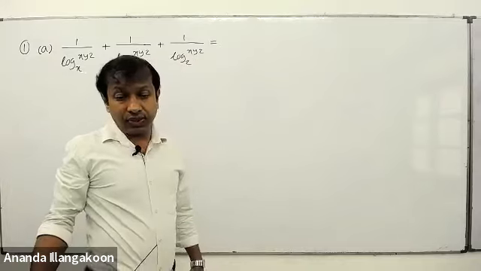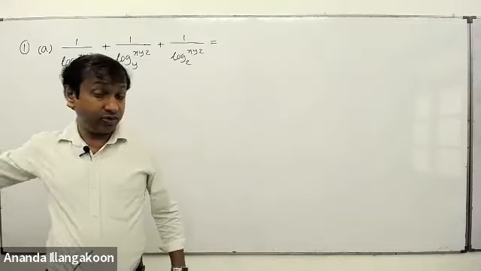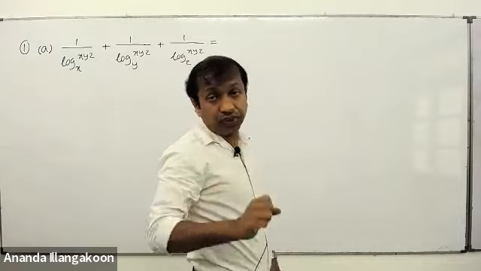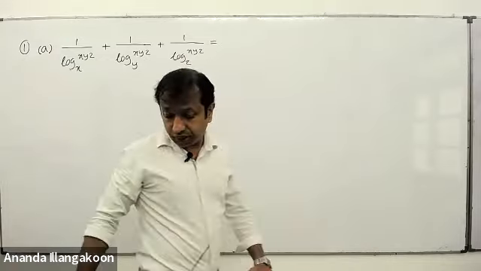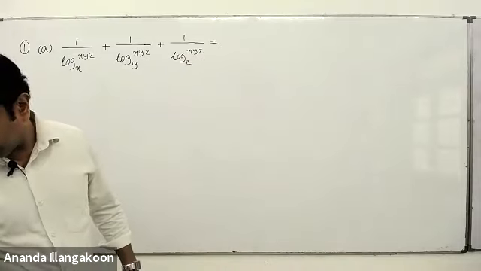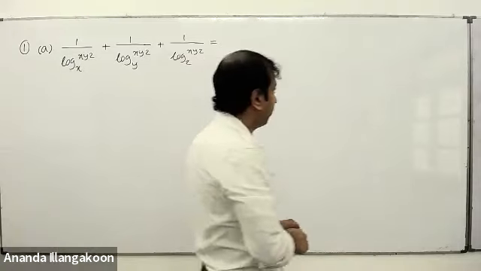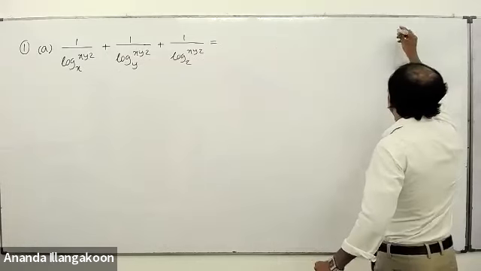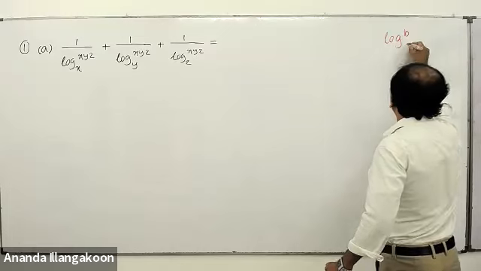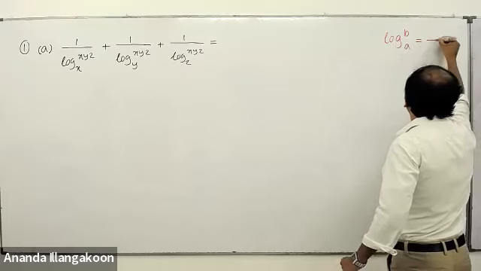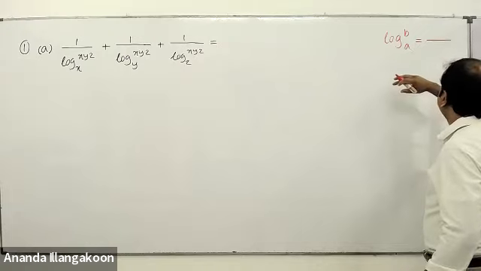Last week, dear students, we discussed one logarithmic law. I think everybody can remember this. That law is this: when we have log b to the base a, we proved we can write it in another form.